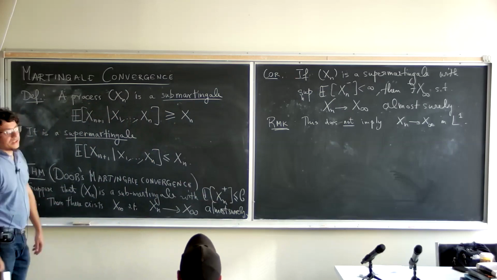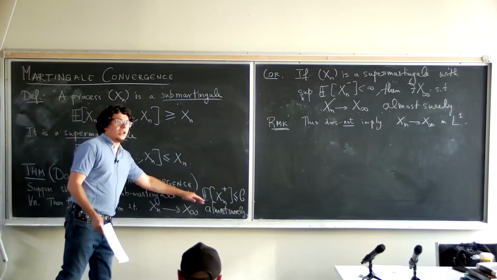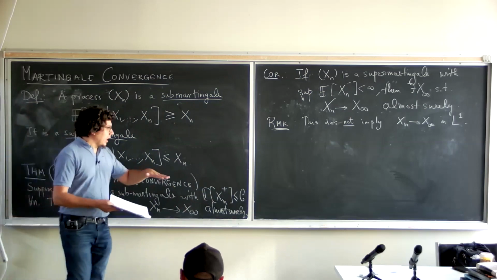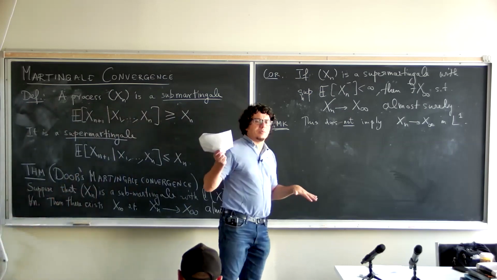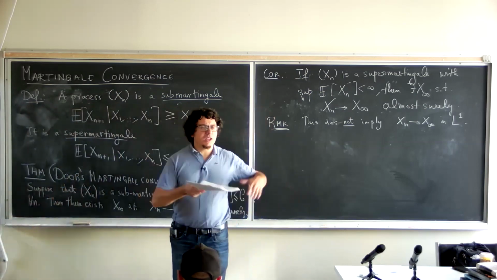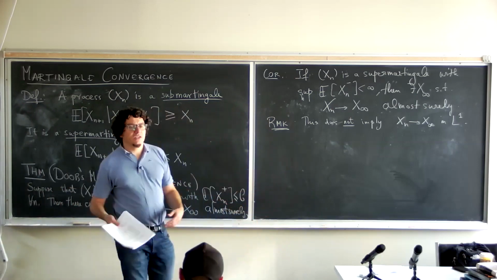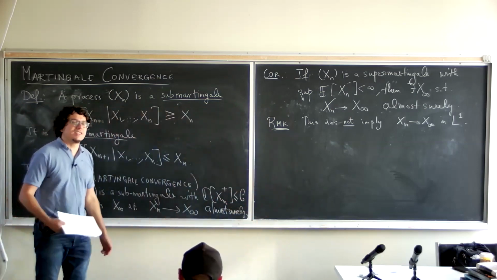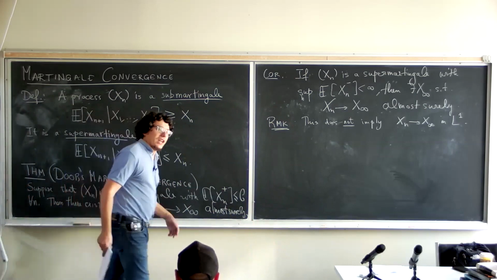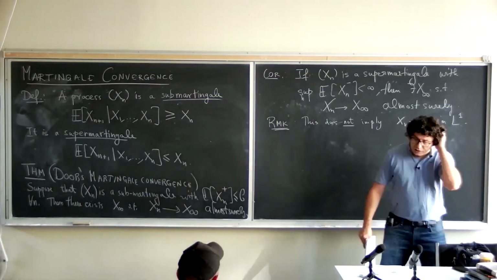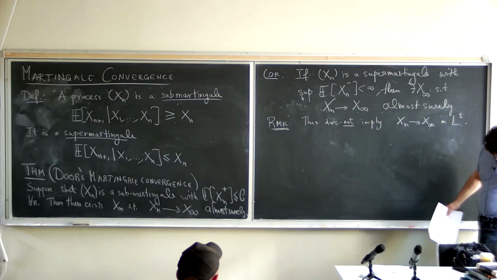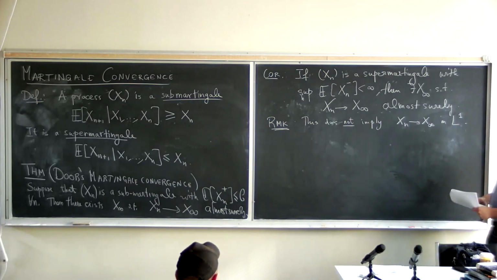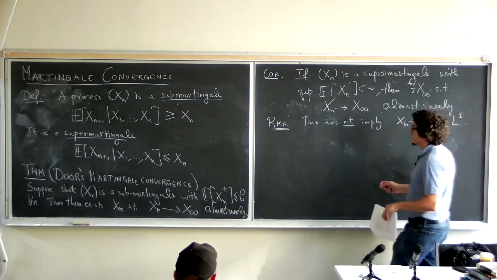All the time we're going to assume that it's in L1, but I think this should be enough. Like in the ergodic theorem, you only have to assume that the positive part is integrable, because the limit could be negative infinity, which is not a very nice case. But most of the time we just assume that Xn is in L1.